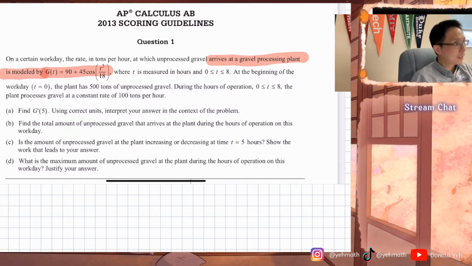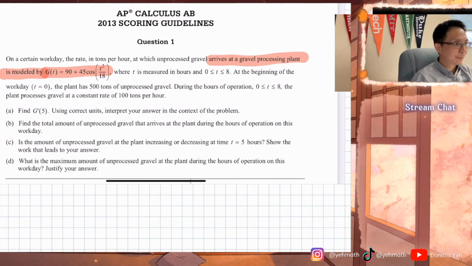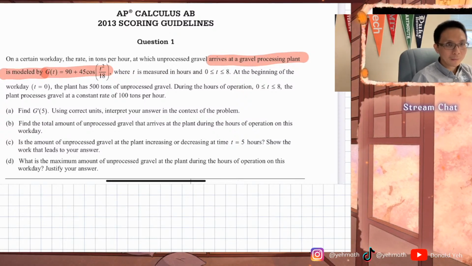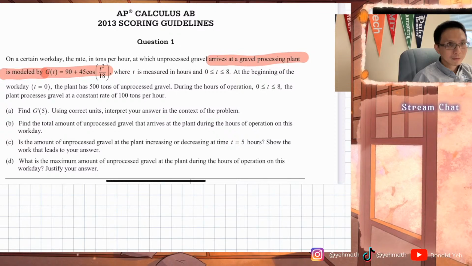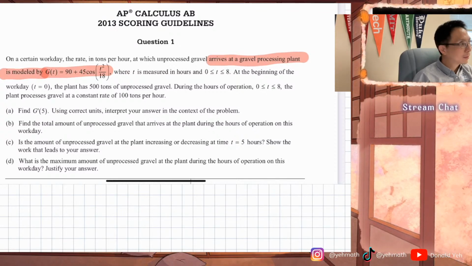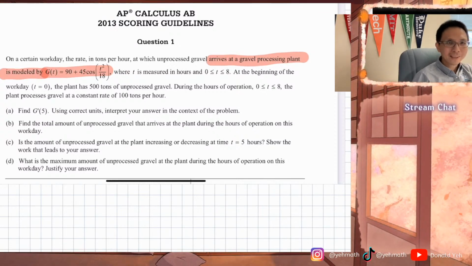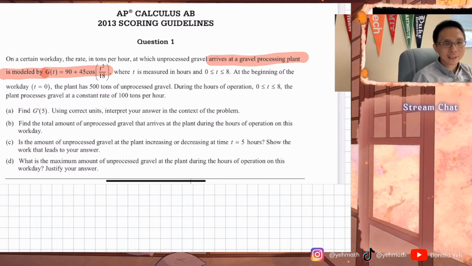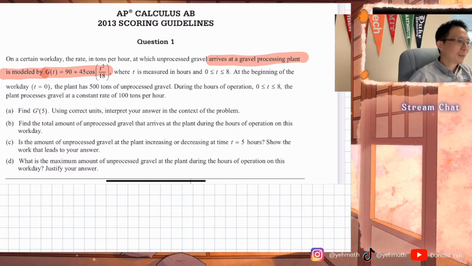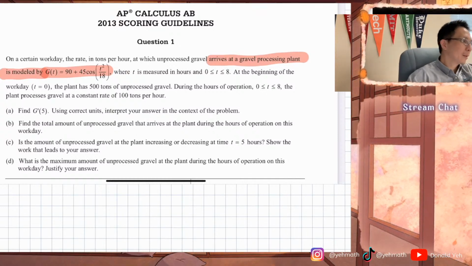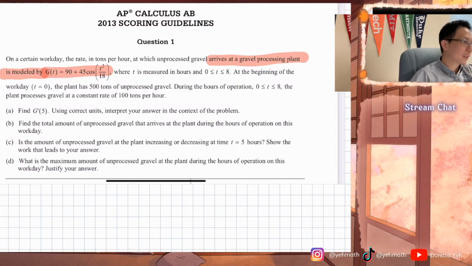That means things coming in, right? I don't know if you've ever seen gravel before, but truckloads come in, right? Of course they're not going to come in 10 truckloads at once. It's just going to be periodic, like one truckload coming and then another truckload coming.